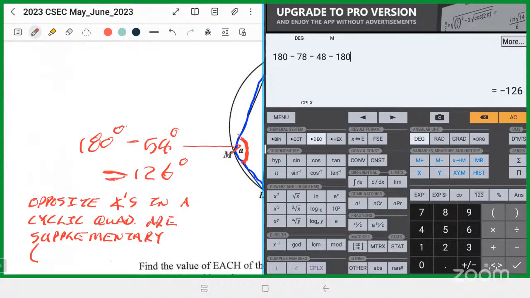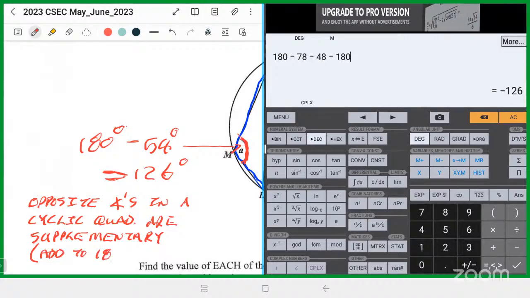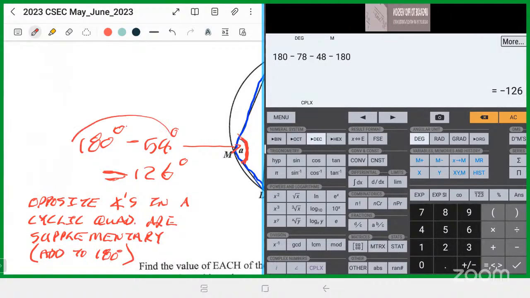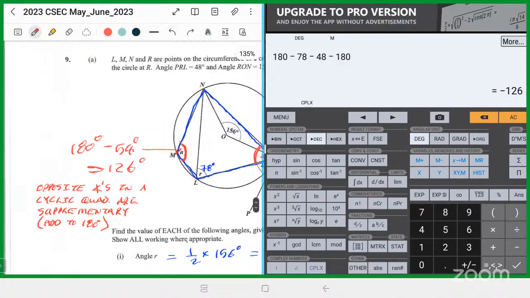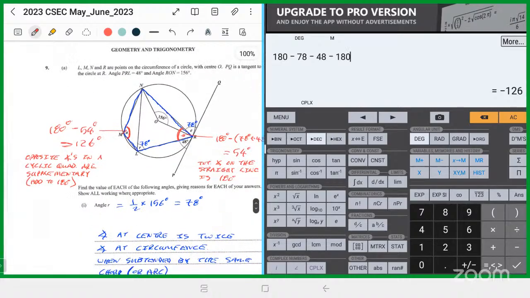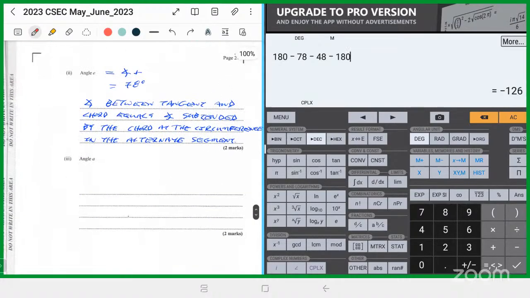Supplementary simply means that they add to 180 degrees. It's the premise of this calculation. So the answer is 126. So it is 126 and the reasons are on my diagram. So down here I could just say 126 degrees.